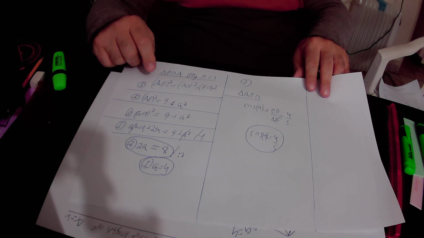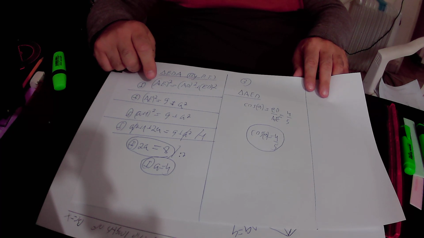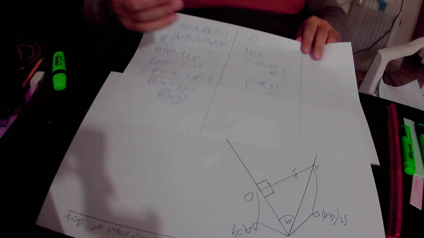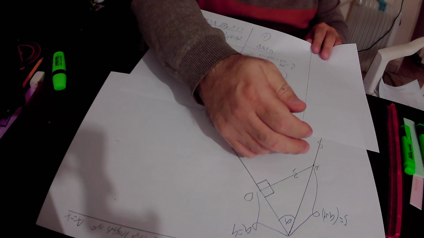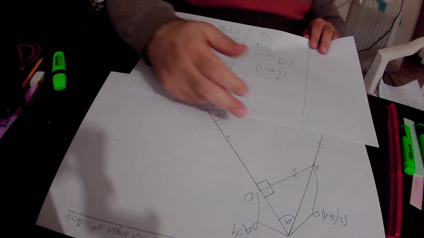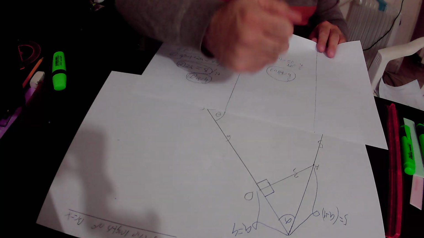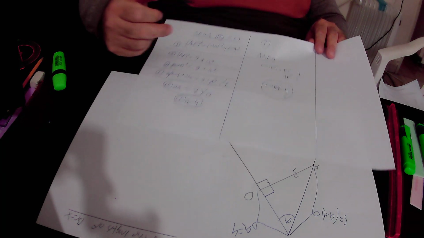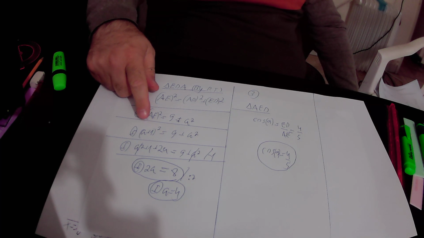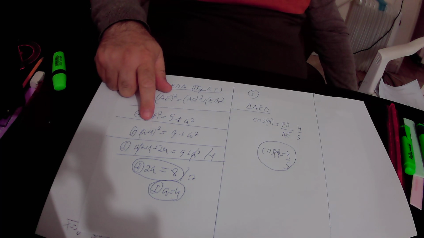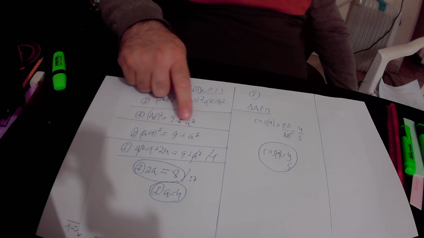So here we got that AE squared equals 9 plus A squared, but we know that AE equals A plus 1, so we can substitute AE by A plus 1. It means that AE squared equals A plus 1 squared. So we got that A plus 1 squared, according to equation number 1, equals 9 plus A squared.